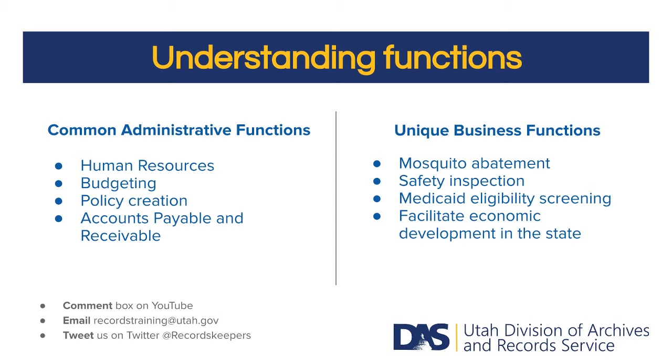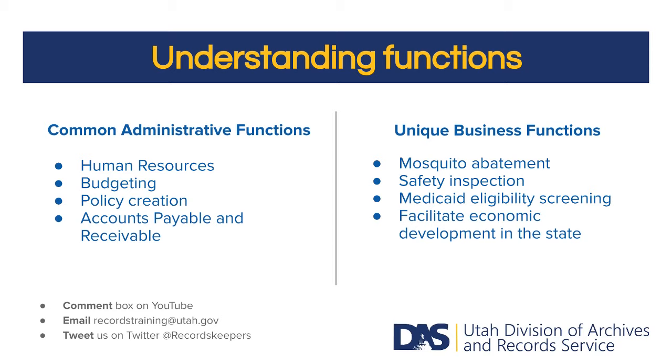I found when I've been working with agencies that they were using our previous general retention schedule system as sort of a quasi inventory of their records, assuming that the previous general retention schedules were a comprehensive list of all the records that their agency created, without really taking the time to understand what it was that their agency did and what they really were creating, really assessing the records that they had.